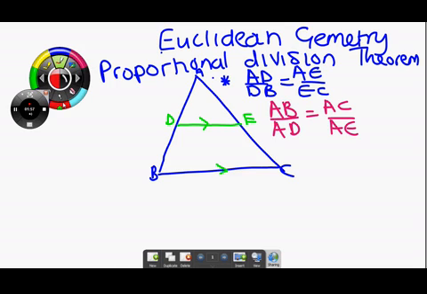You can also have, again, AB over DB is equal to AC over EC.